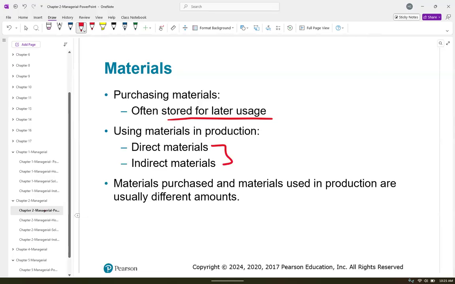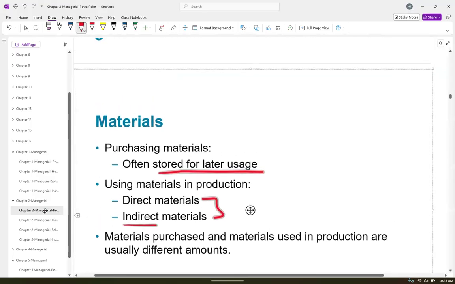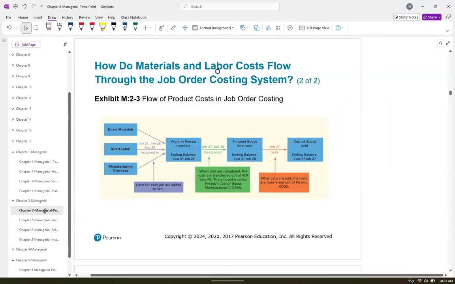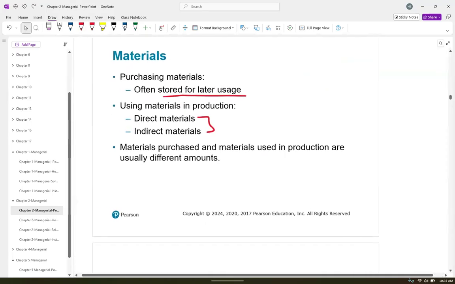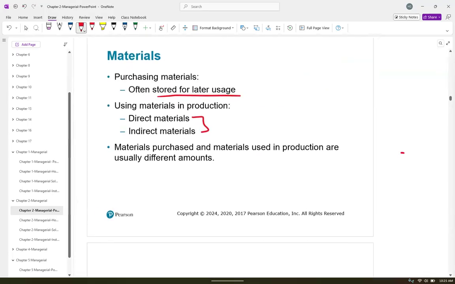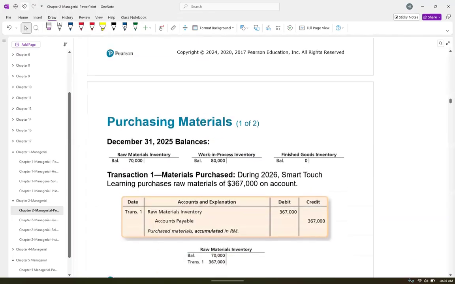It is part of materials, but it's indirect. The indirect materials go to manufacturing overhead. Direct materials go straight onto the assembly line. It is a product cost all by itself, but indirect materials will be manufacturing overhead.